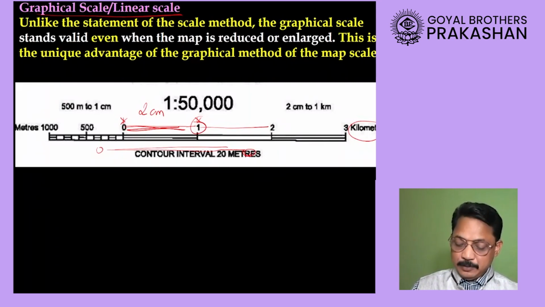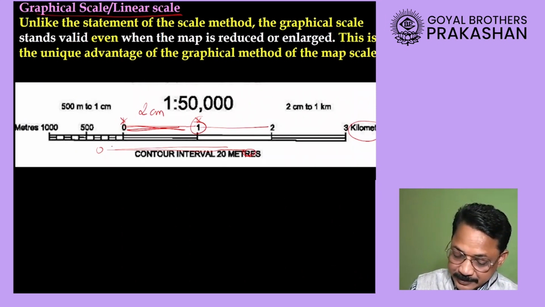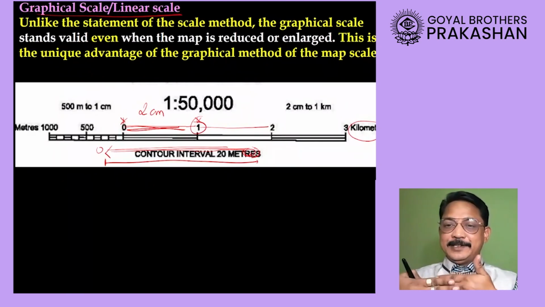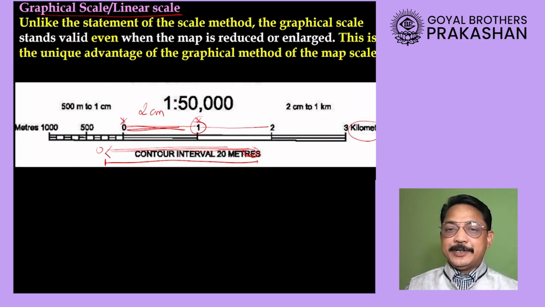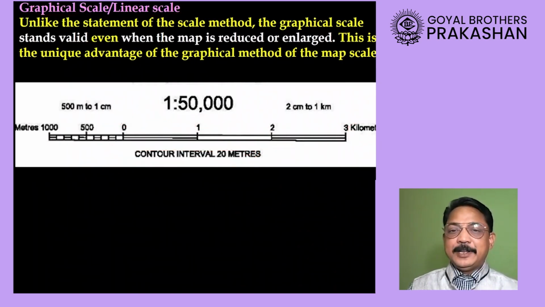When the map is getting enlarged, the scale is also getting enlarged, and the distance between the two places increases in the same ratio. Therefore, our measurements will not go wrong. This is a very important advantage of the graphical scale.